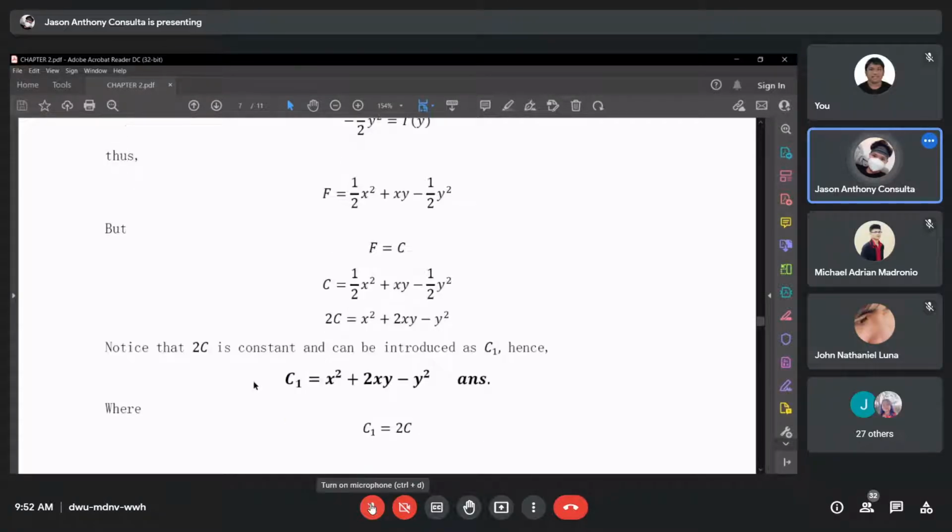So, ito, just to make the equation proper, but it's okay if you don't do this naman. Kasi ang c kasi, class, universal siya kahit gawin nyo siyang e raised to c or ln c. Parehas lang siya just to make the equation uniform. Kaya ginawa na C1. So, the same. Okay na itong answer na to.